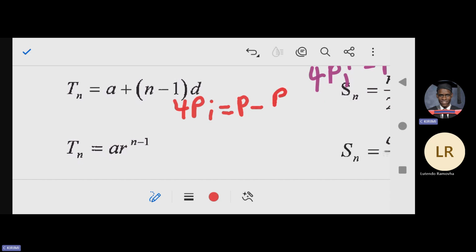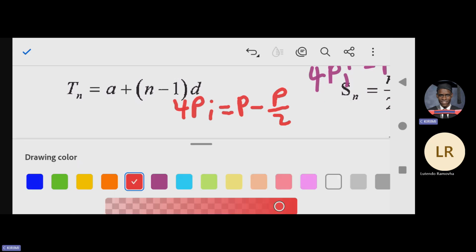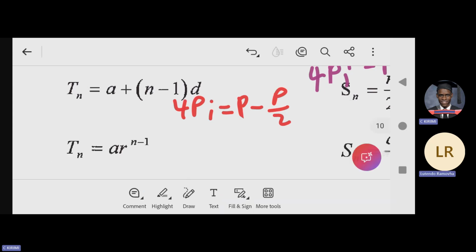Is that correct? Yes. So what I'm going to do is divide the left by 4P. No, let's start by P first. Let's eliminate one at a time so that we are left with one variable at a time, so that it does not confuse us. So let's start by P.